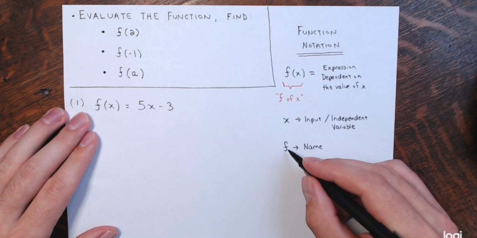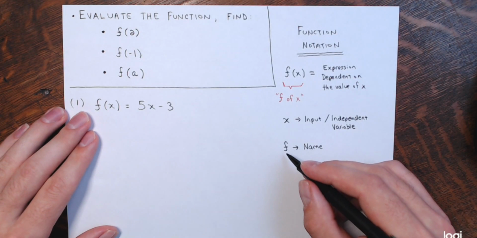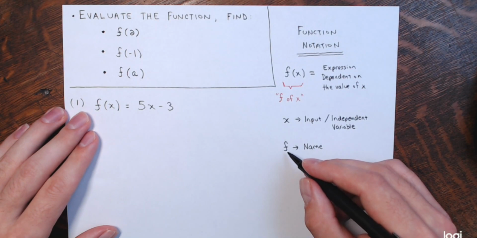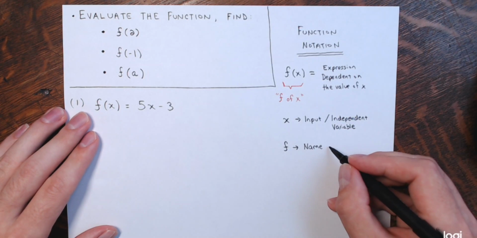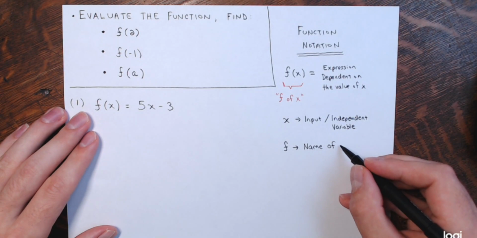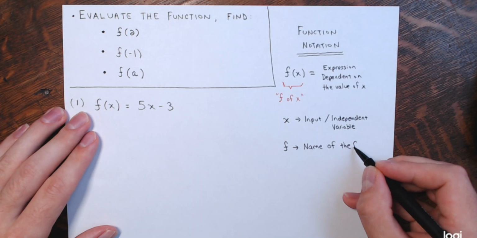And it doesn't have to be a little f. It could be, again, little g, or an actual word like square of x or something like that. But this is just the name of the function.